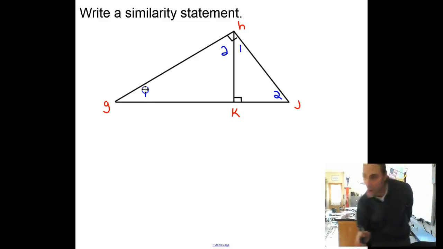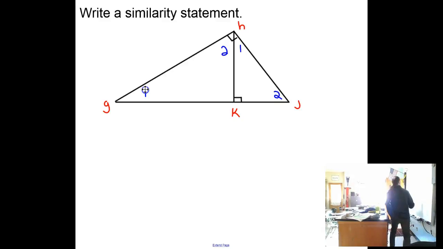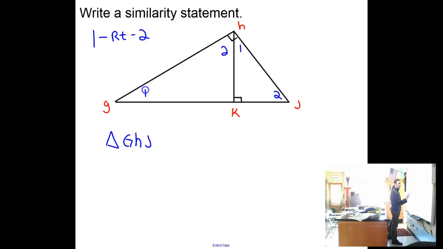The reason that's so helpful is now it's like the letters don't matter so much. I'm always going to put them in the same order. 1, right, 2. So in the big triangle, triangle G, 1, right, H, J, 2 is similar to, let's do the medium triangle here. I've got G, triangle G is angle 1, K is right, H is 2.